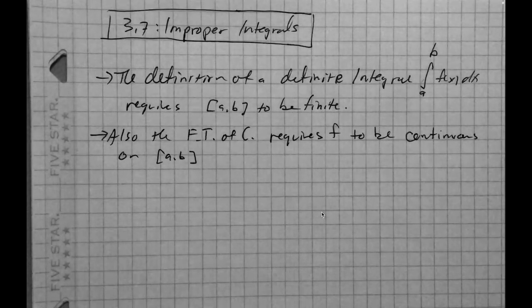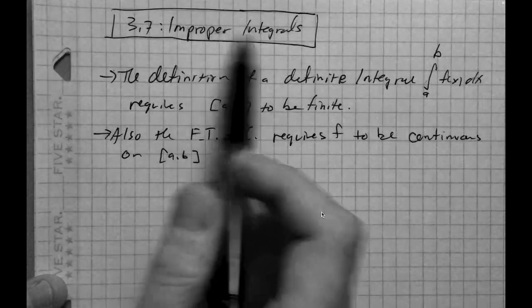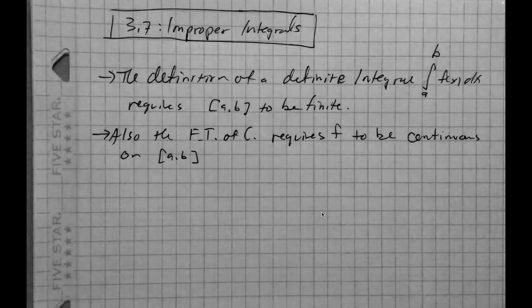So those two pieces are what we typically run into when dealing with improper integrals. In this section, we're going to study a procedure for evaluating integrals that do not satisfy these two requirements.